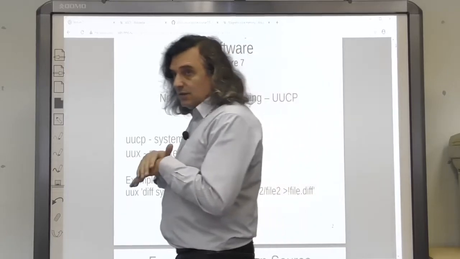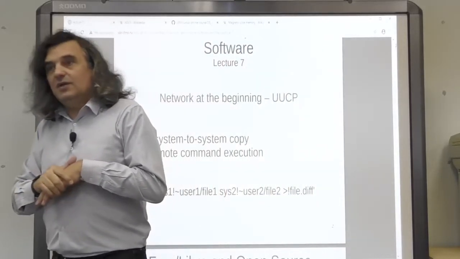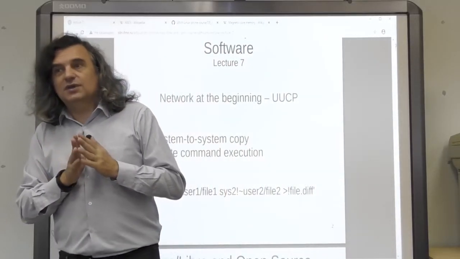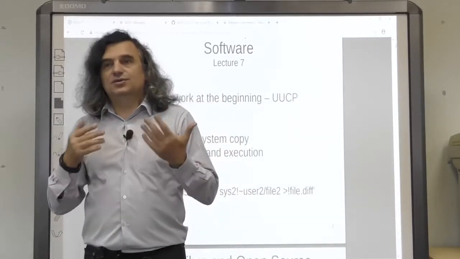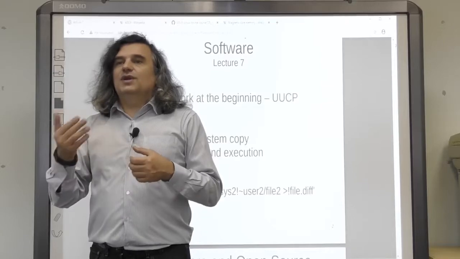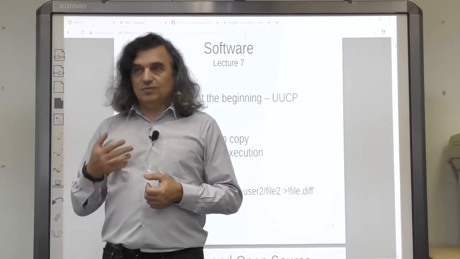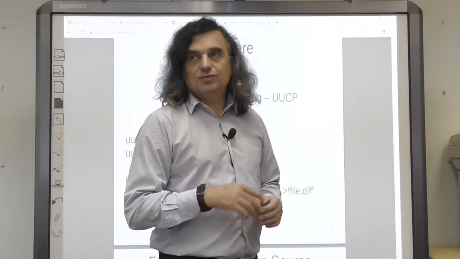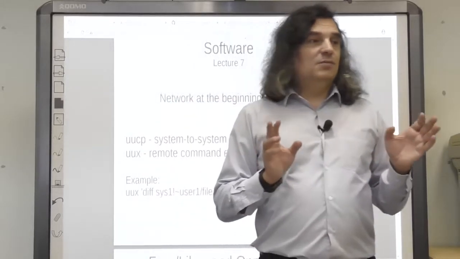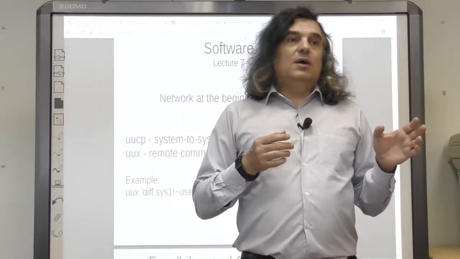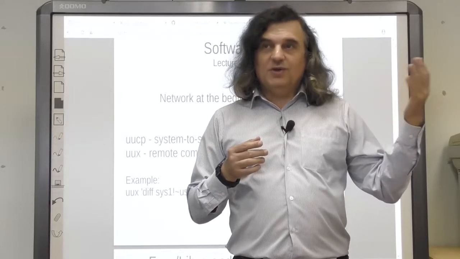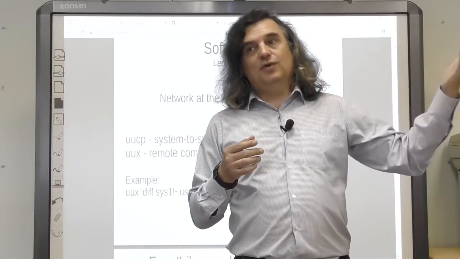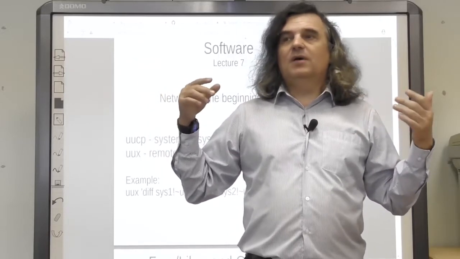And in 1979, two students at Duke University, Tom Truscott and Jim Ellis, originated the idea of using Bourne shell scripts to transfer news and mail messages on a serial line UUCP connection with nearby University of North Carolina at Chapel Hill.